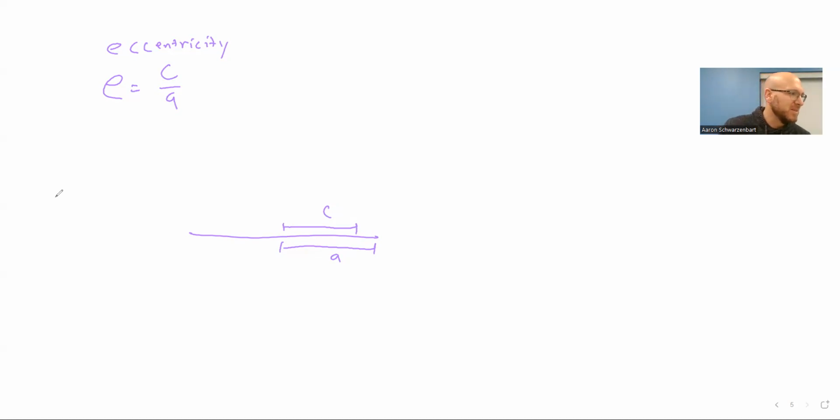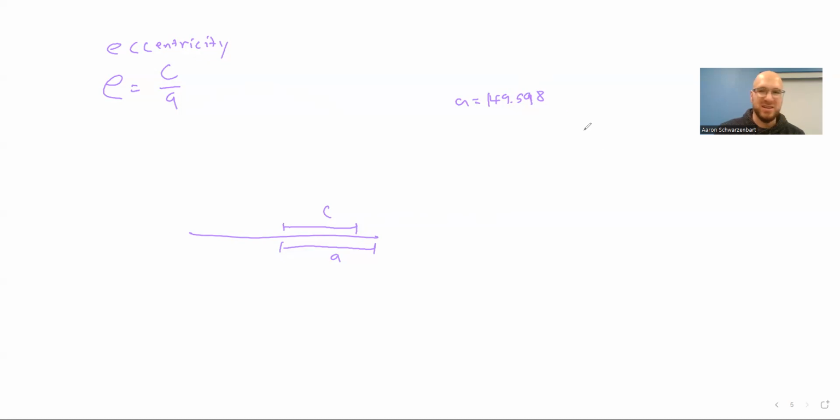Okay, so calculating an eccentricity. The Earth's orbit has a semi-major axis, that's A, of 149.598 gigameters. Ellipses are very popular. Generally planets orbit in an ellipse.